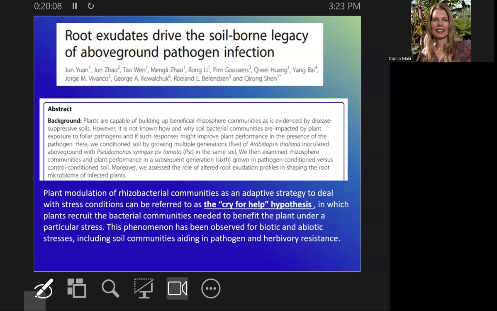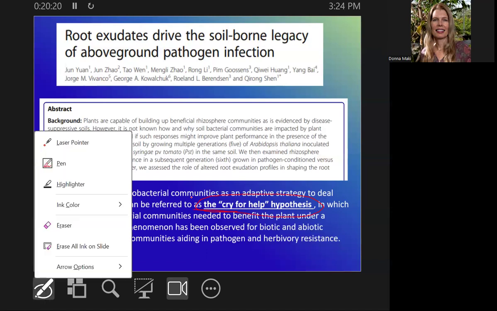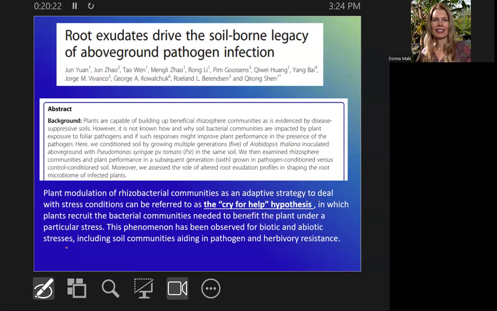This has led to a hypothesis that's out there now called the cry for help hypothesis. I would like you to know that phrase and know what I'm talking about when I say it. Basically it's the plant saying, eek, I'm getting attacked. Hey, microbes, can you help me out?